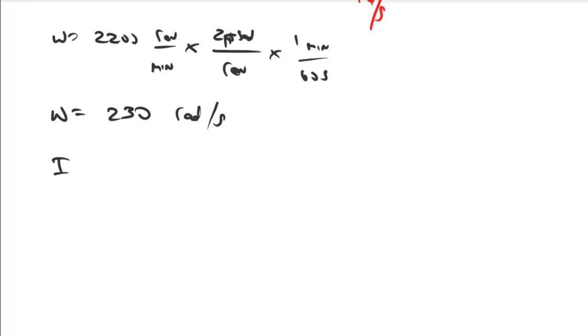We look it up in our table for rotational inertias. So I is equal to, this is for a solid disk, 1/2 mr squared, where r is the outer radius.